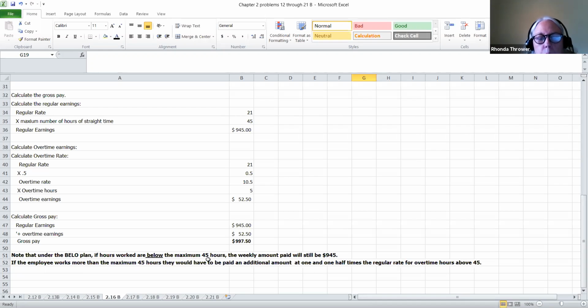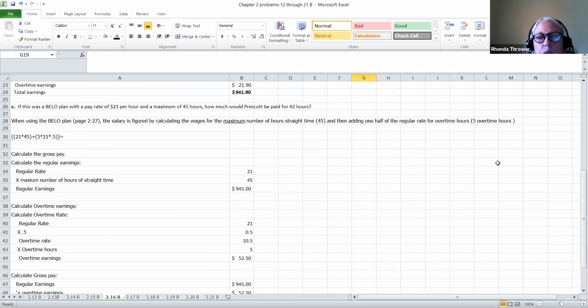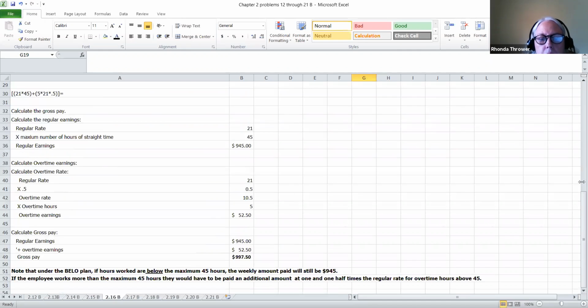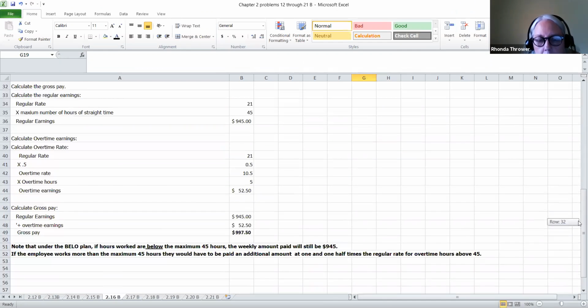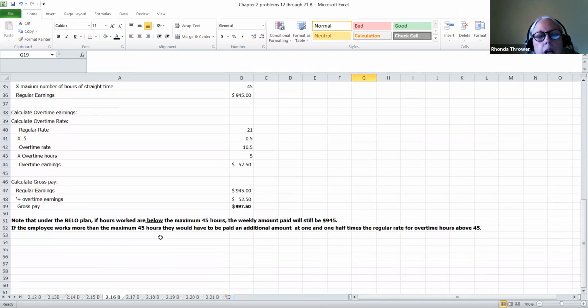So even though the hours worked were below 45, in this case, the hours worked were 42 hours. They're wanting to know how much they would be paid for 42 hours, because they have an agreement under the Belo plan that even though they worked 42 hours, that's below the maximum of 45 hours. So the weekly amount would still be the same.